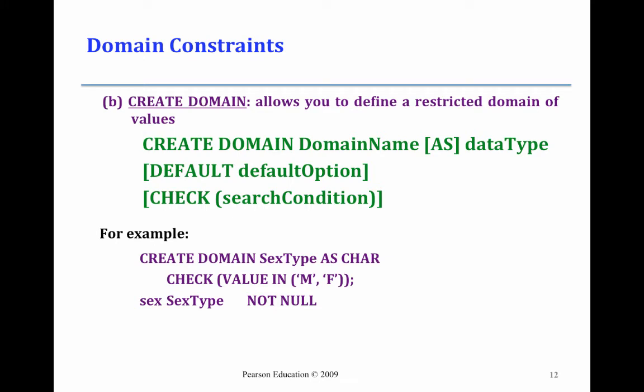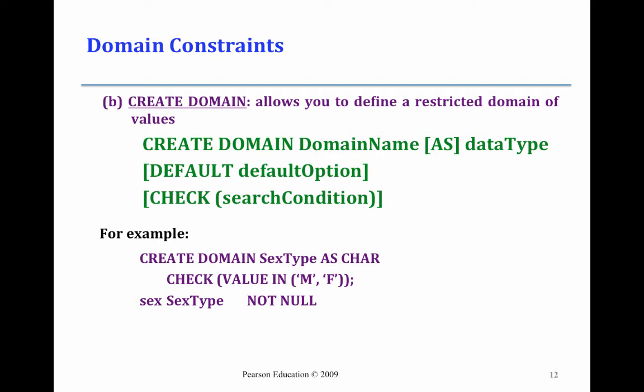And just like in regular languages, you have enumerated types so that you can have a convenient, for example, in Java, enumerate days of week, Monday, Tuesday, Wednesday, Thursday, Friday, Saturday, Sunday. You can do the same thing in SQL.